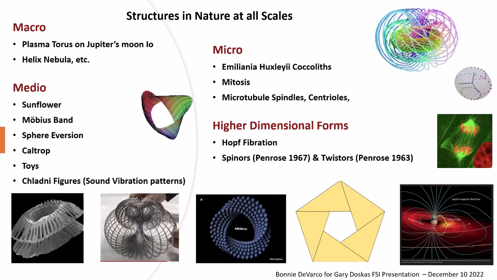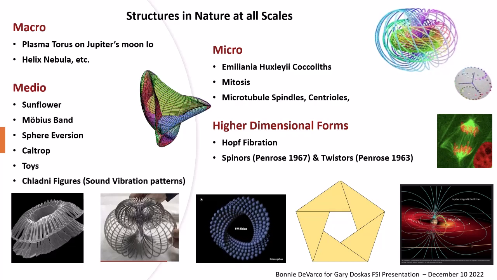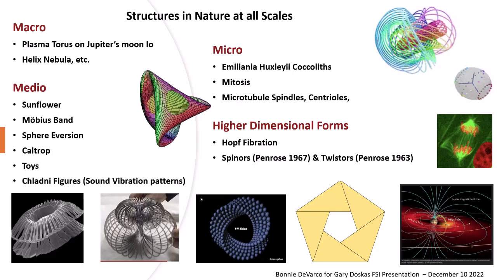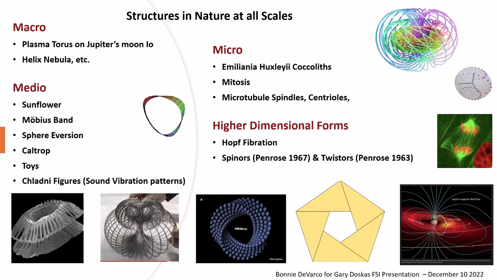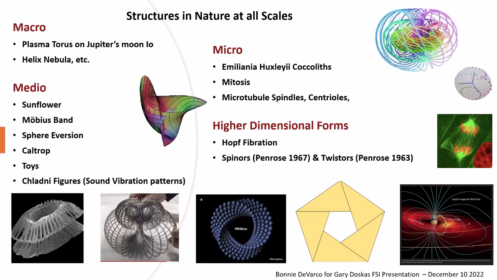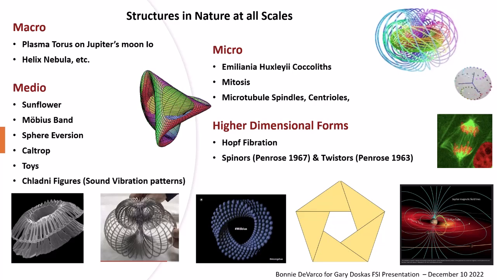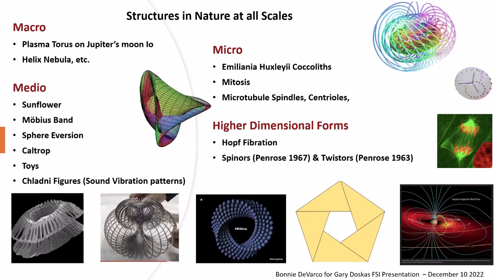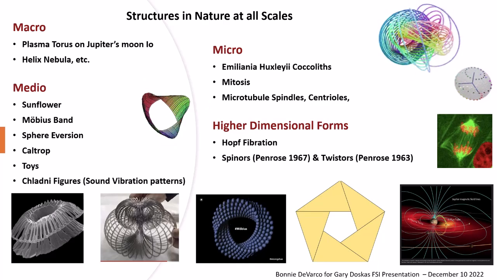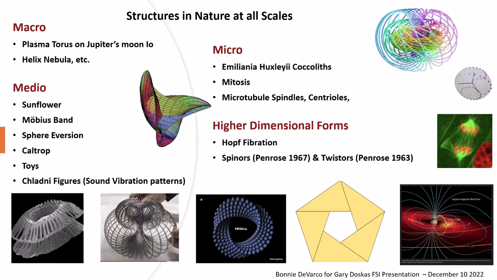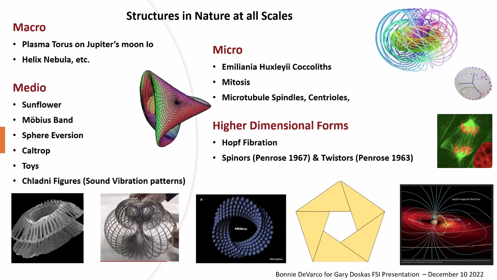We see it on the microscale with mitosis, and also in the macro scale with plasma in the planetary systems. We also see it in the Mobius strip and these odd things that it represents that we're still discovering on many scales. So those are some of the examples that we'll be showing.